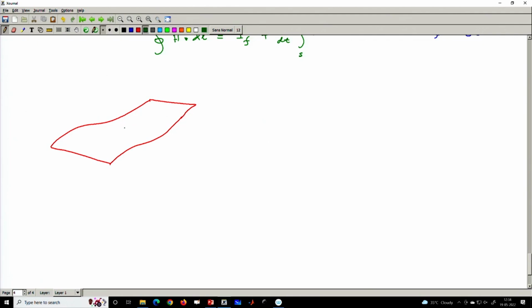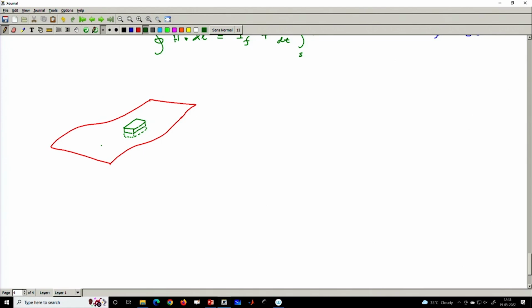So we have a pillbox like this, with the dotted line below.